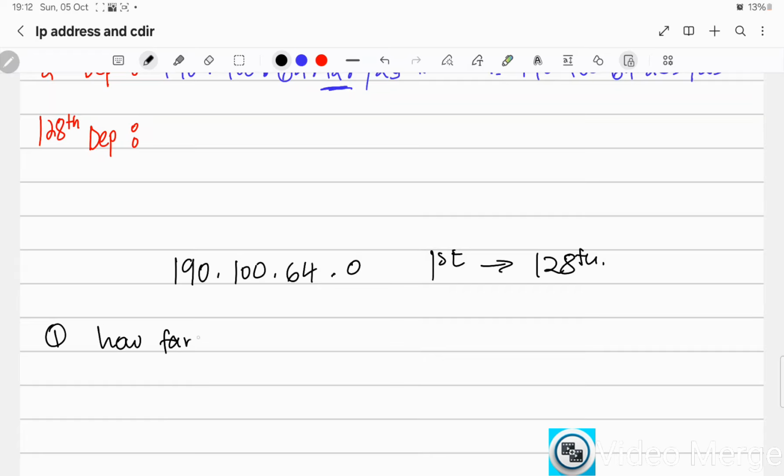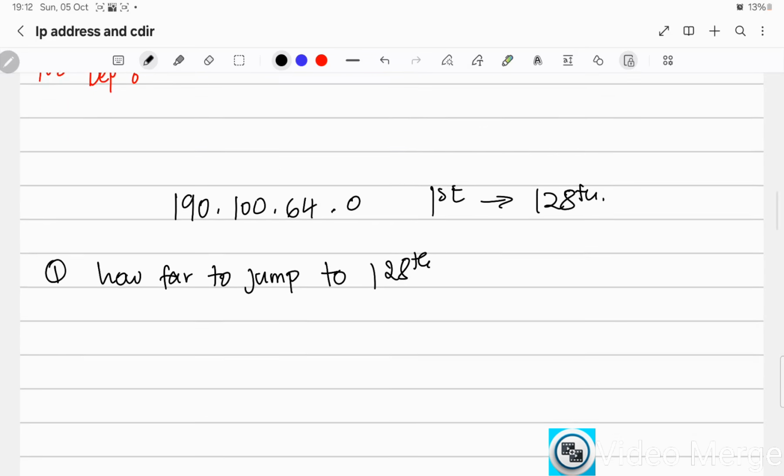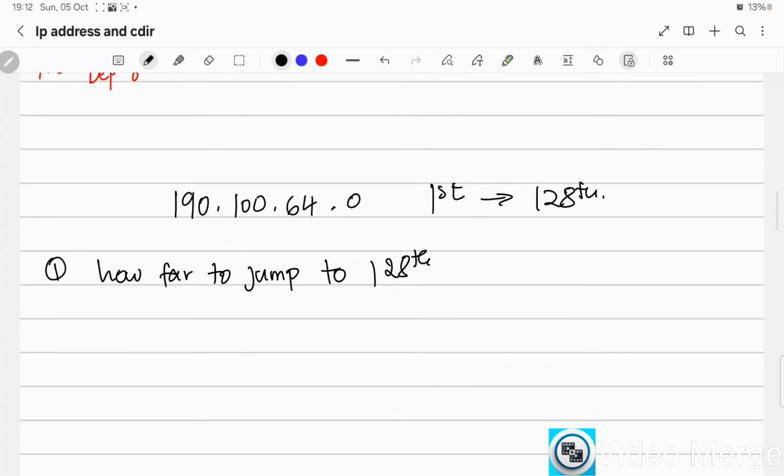How far to jump to the 128th department. So we're going to use this formula: how far = (i - 1) times 128. Here we have 128 minus 1, times 128. This is how far we need to jump.